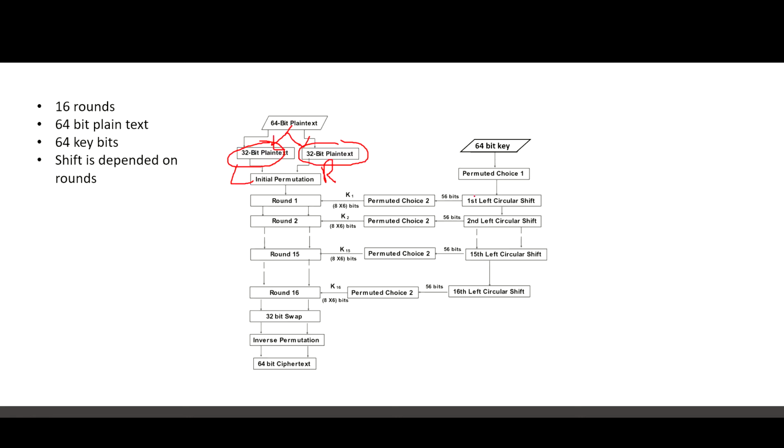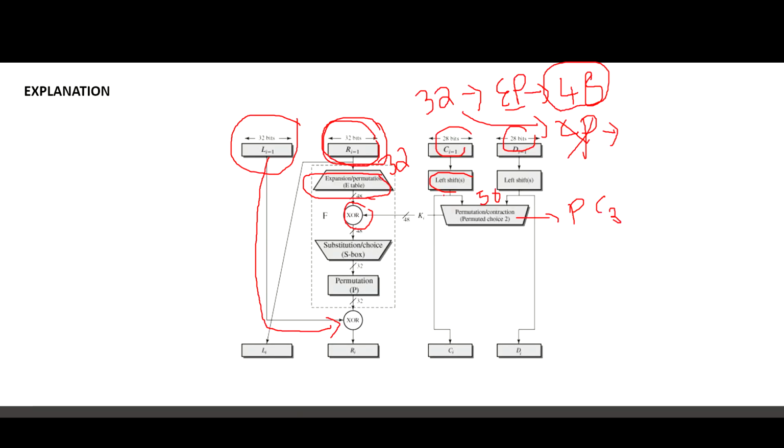So this 56 is given to PC2. The output will be like what? 8 bits get reduced, and the output will be 48, right? So in this XOR gate, the two inputs are the same, 48 and 48, so the answer will be 48, right?